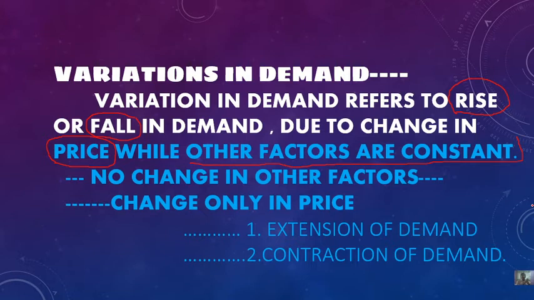Like that, variation in demand refers to rise or fall in demand due to change in price while other factors which determine demand remain constant. So no change in other factors, change only in price. Variation in demand has two types: extension and contraction.